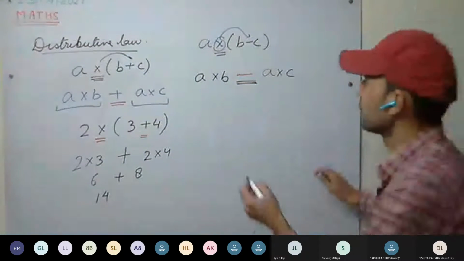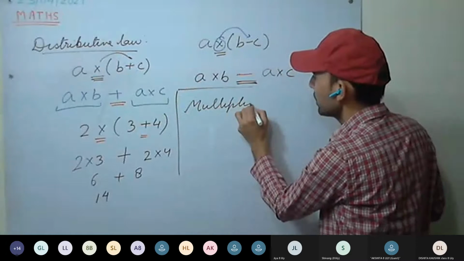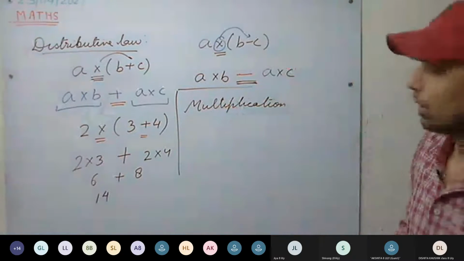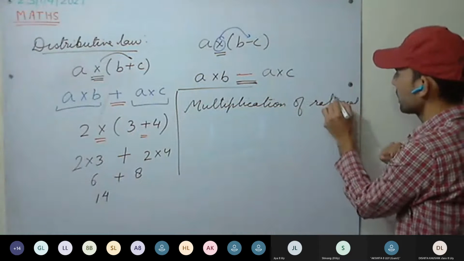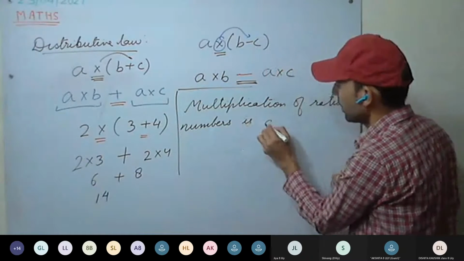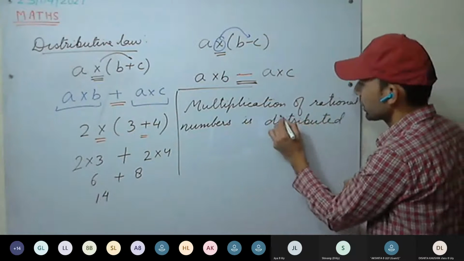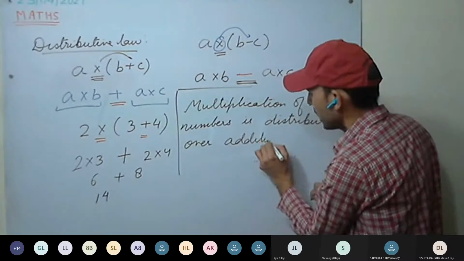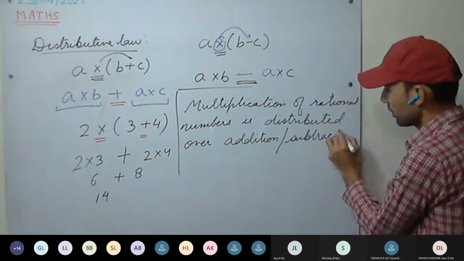You have to write: multiplication of rational numbers is distributed over addition, or it can be subtraction.